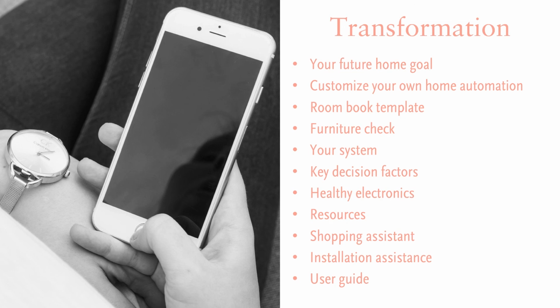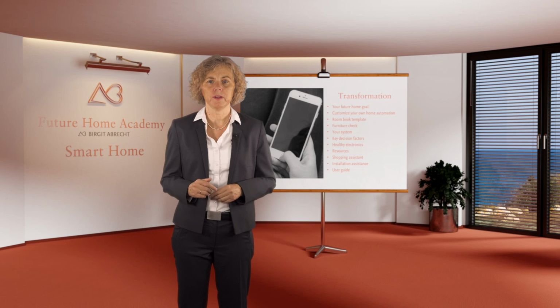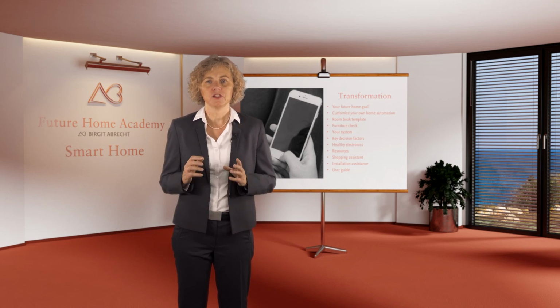I was sharing with you the key decision factors and how you can handle your electronic devices in a healthy way. There are recommendations for several devices available on the resource page of my website, which you might want to check. And I was sharing with you my installation assistance and the user guide for a perfect start with your smart home. So go through the videos, customize your smart home, check out the systems, and get started.